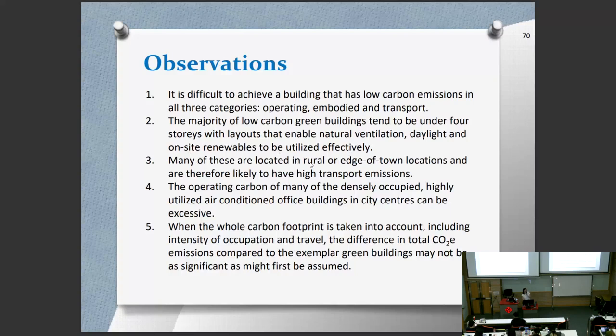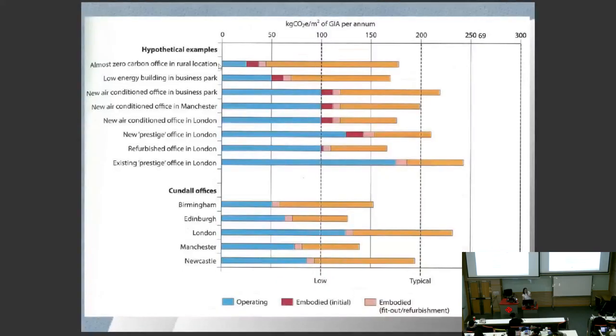Many of these are located in rural or edge-of-town locations, far away from the city center, and are therefore likely to have high transport emissions, just like the almost zero carbon building that we have seen earlier, and therefore result in high transport carbon.